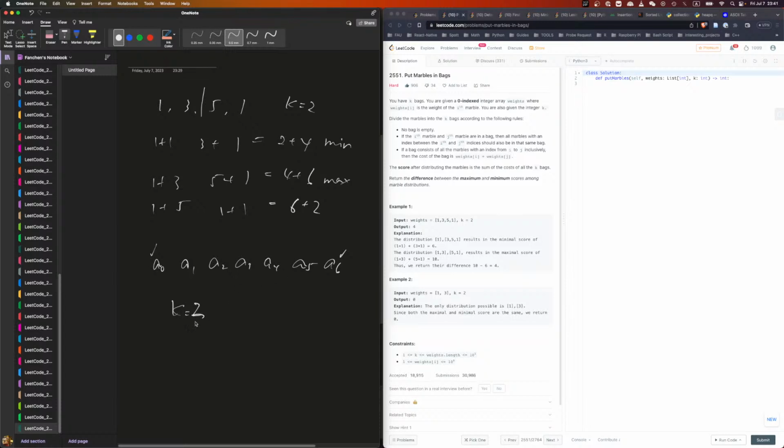What if k equal to 3? Well, if k equal to 3, I want to find the maximum pair and the second maximum pair, right? Because we do 2. And the score is this plus this, this plus this, and then this plus this.